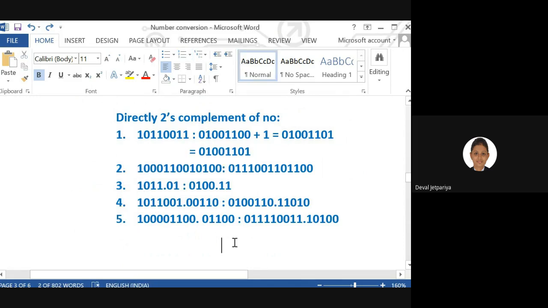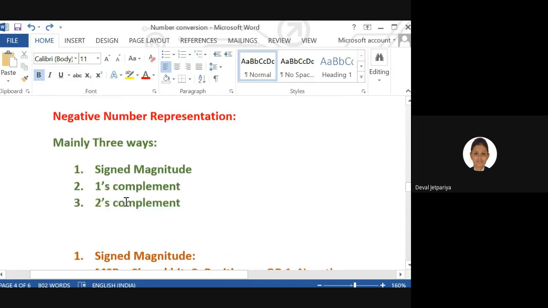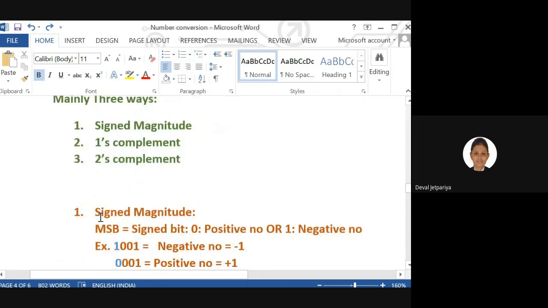No, it may not be possible. If we are using sign magnitude representation, then the MSB represents whether a particular number is positive or negative. So is this first way clear, students? Any query in this? No, ma'am. Okay, fine, good.